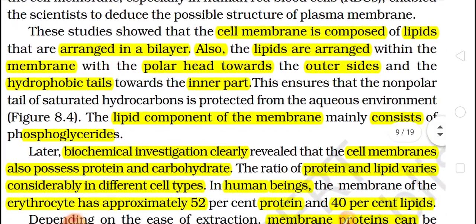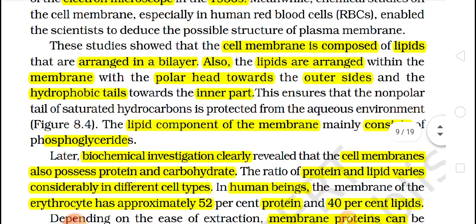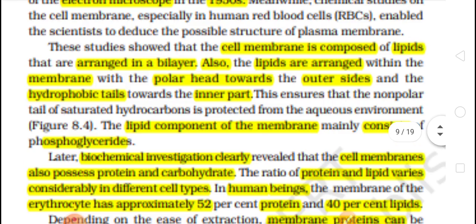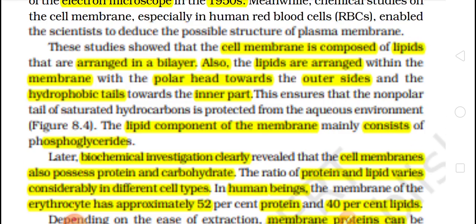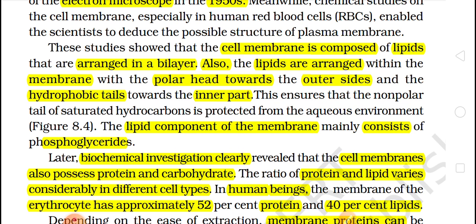So the lipid component of the membrane mainly consists of phosphoglycerides. Till here we have seen that the cell membrane consists of two layers of lipids, the head of the lipid on the outer side and the tail on the inner side.